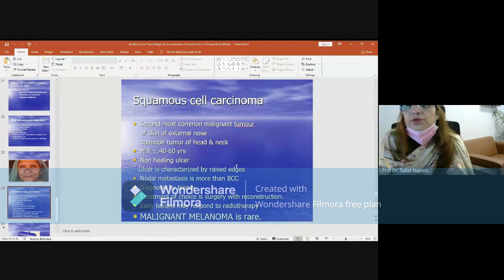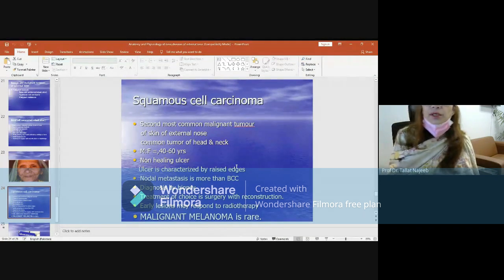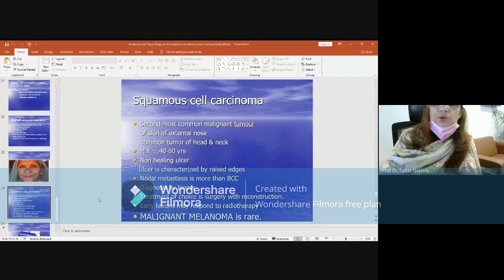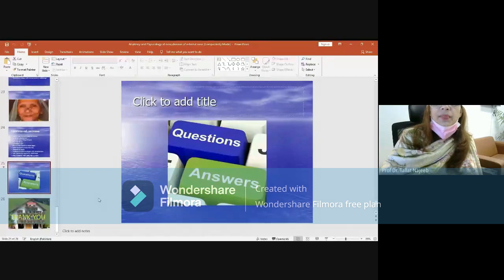The treatment of choice for squamous cell carcinoma is removal and reconstruction. And if there is lymph node metastasis, you will have to do neck dissection. You will remove all the lymphatic drainage of that area. In early stages, radiotherapy can also be given. Malignant melanoma usually presents with ulcer and nodal metastasis.